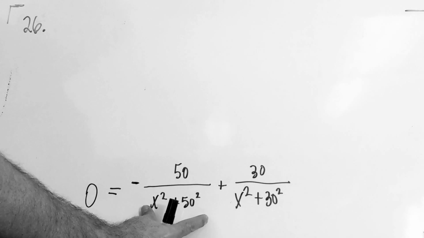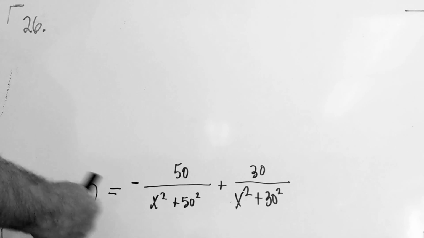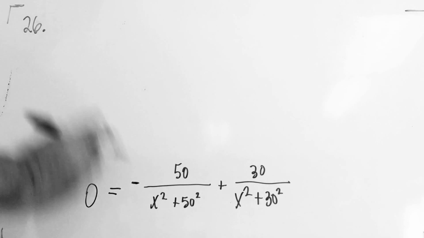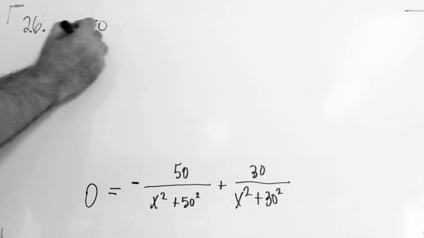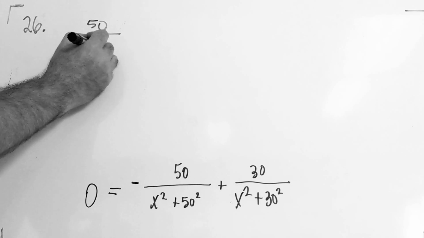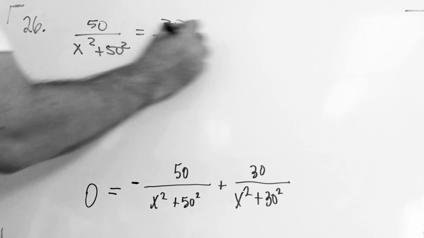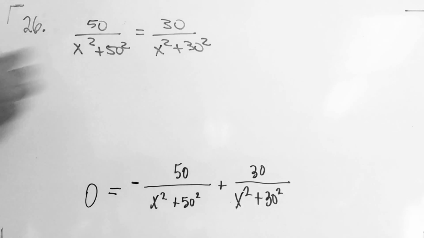If this is 0, I can easily move this fraction to this side, or add the same fraction, so that we have a proportion. So that would be 50 over x squared plus 50 squared equals 30 over x squared plus 30 squared.